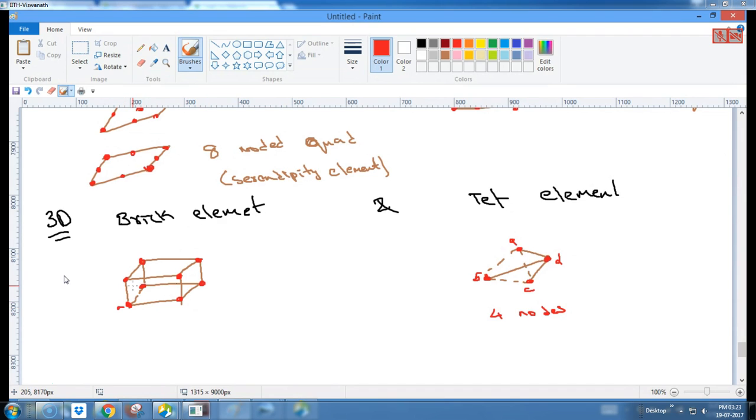So A, B, C, D, E, F, G, H. But now you need to understand that you have 3 dimensions. What are the 3 dimensions? This is the plane of the paper. So this is X, this is Y, and this direction is Z. Similarly, let's say this is the X direction, this is the Y direction, which is in the plane, and out of the plane is the Z direction.